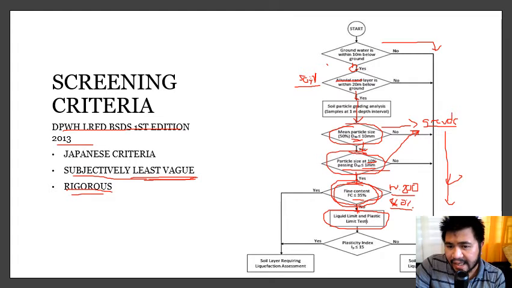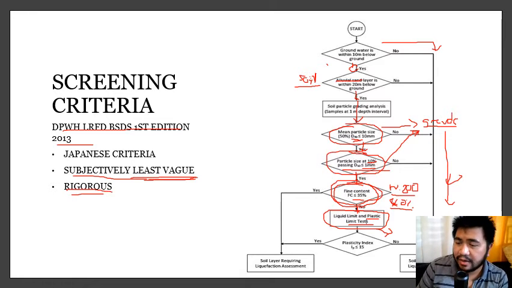So this next criteria, this plasticity limit test, is actually a representation of the cohesiveness of your soils. You will remember previously that I said that clay soils are generally not liquefiable due to their cohesion.